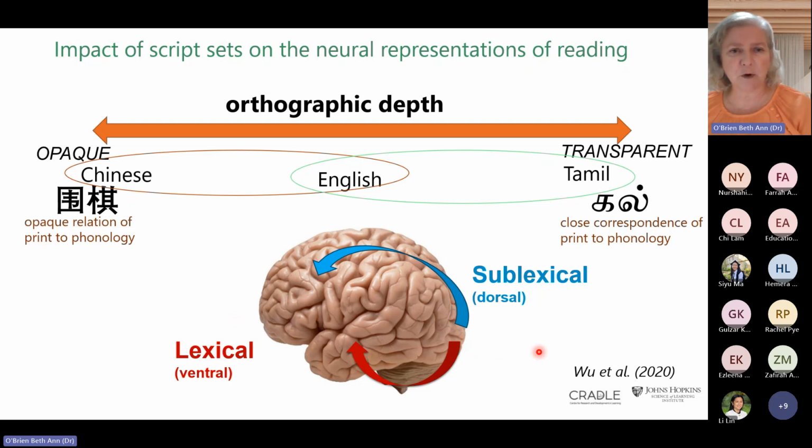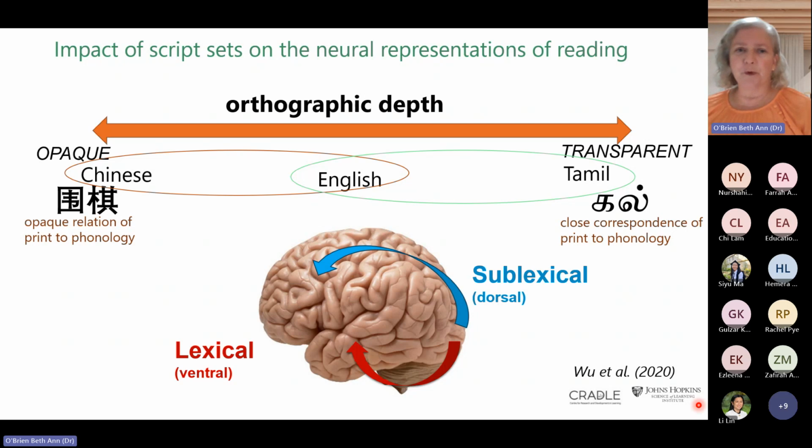Would this part of the brain be more activated? When they were reading in English, then would their sublexical pathway, the dorsal pathway, be relatively more engaged? And then we would expect the opposite for the English and Tamil bilinguals, where they would activate relatively more strongly their dorsal pathway for reading Tamil, whereas reading English, they might actually be activating the ventral pathway, the more lexical pathway.